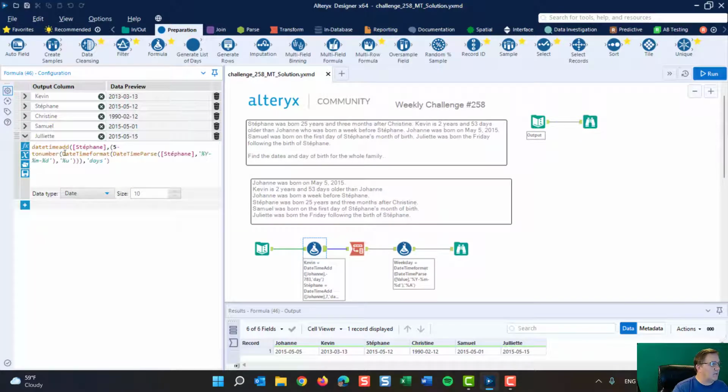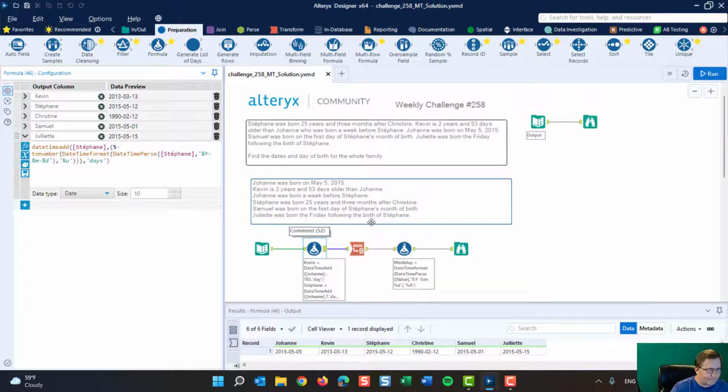Finally, and this one gets a little trickier. Juliet was born the Friday following Stefan. So again, it's going to be based around Stefan. The way we're looking at this is Juliet was born on the Friday following the birth of Stefan. She was born after Stefan, so we want to do a date time add. Now the trick is, how much are we going to add?